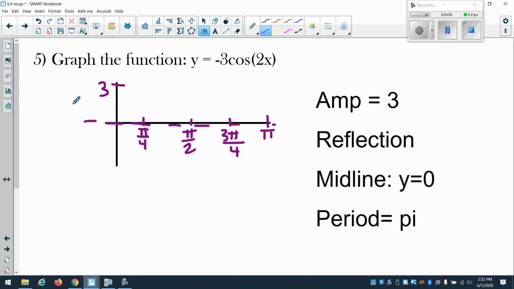Okay, denote by a dashed line, so 3 above and 3 below. However, this is a reflection, so instead of starting the cosine graph at the max, we're starting it at the min. And then the midline, max, midline, min. And then you're able to connect to a smooth curve.